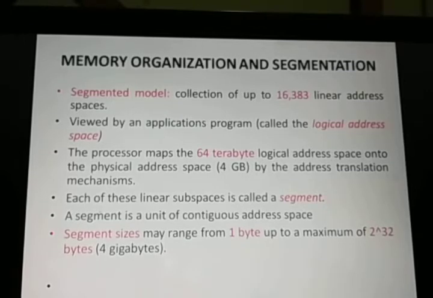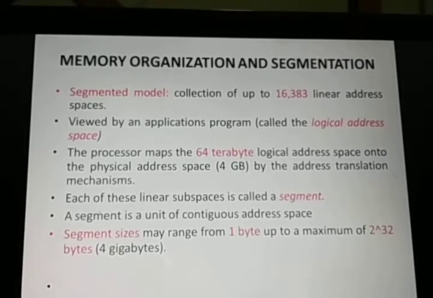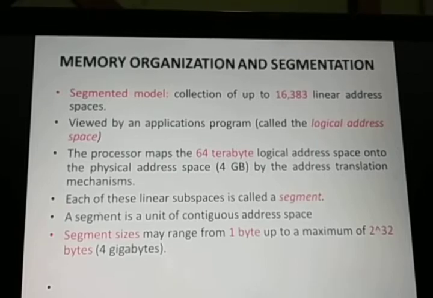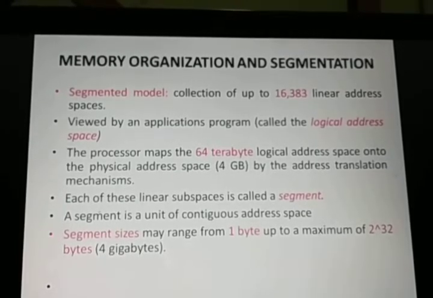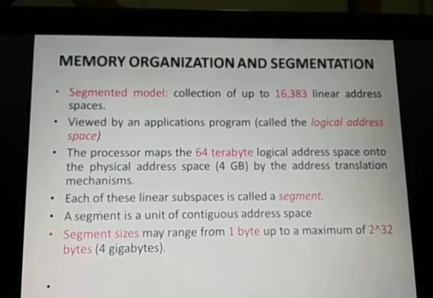The processor maps a 64 terabyte logical address space onto the physical address space, that is 4 gigabytes, by the address translation mechanism. Because your physical address space is 4 gigabytes and your logical address space is 64 terabytes, you have to perform the mapping from logical to physical. In that case, you will use a segment translation mechanism or address translation mechanism.